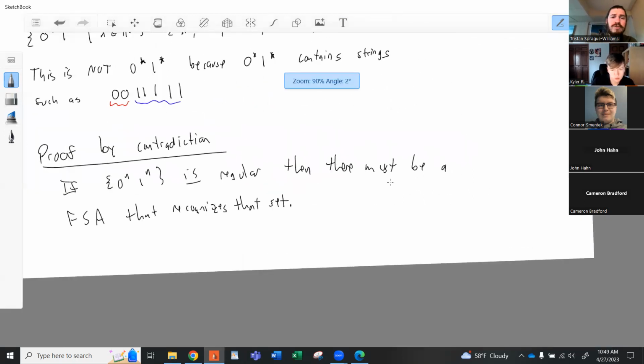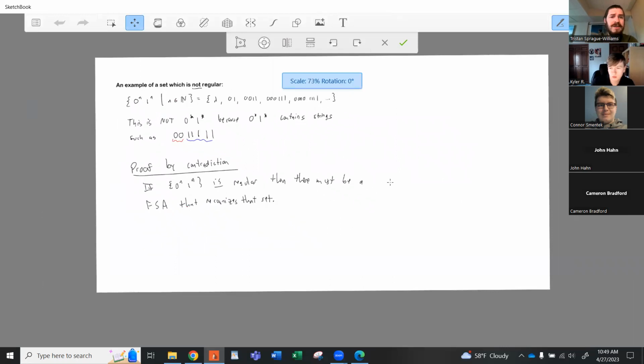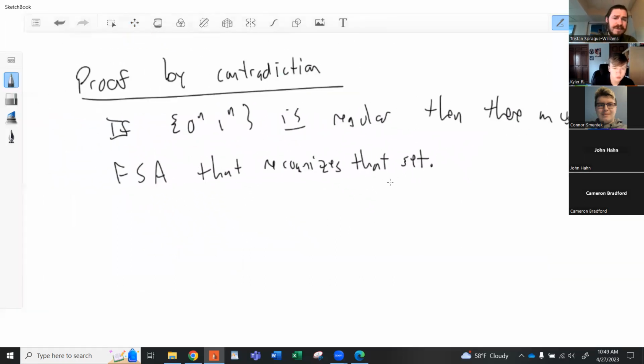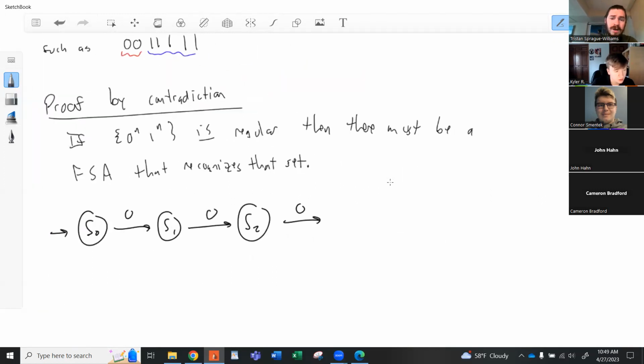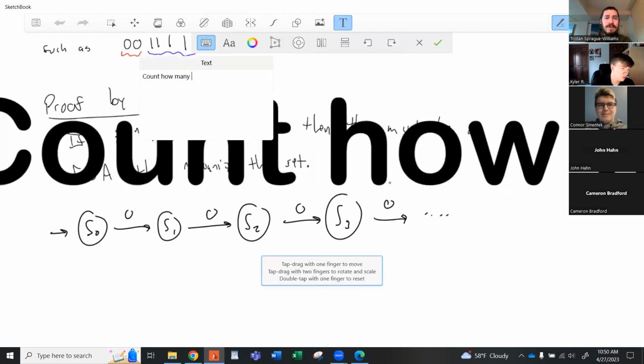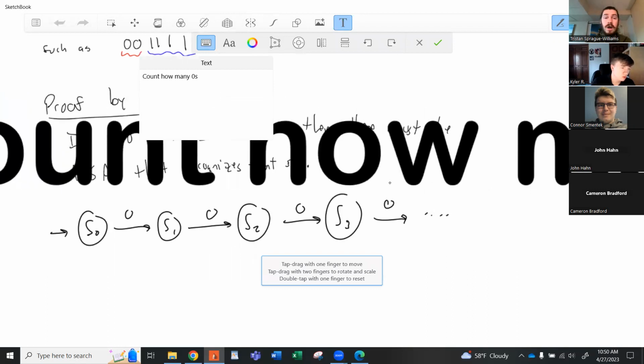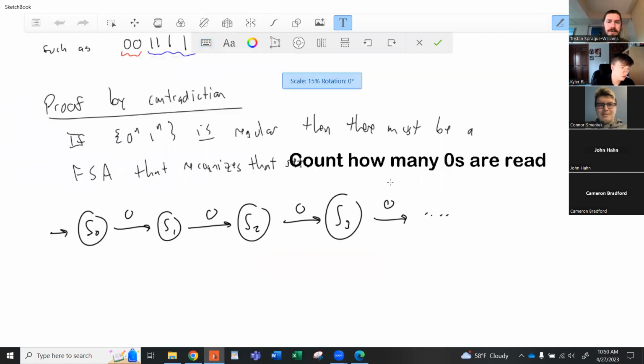But how would you create such a finite state automaton? You'd have to say, every time you see a 0, take note of the fact that you saw a 0. And we need to somehow count the number of zeros. Right? Count how many zeros are read by the machine.